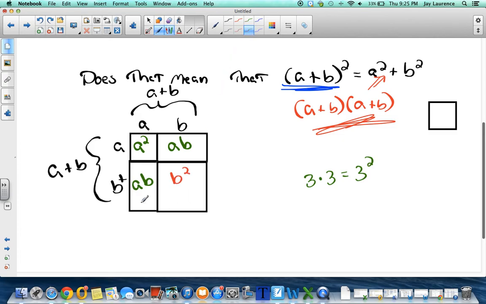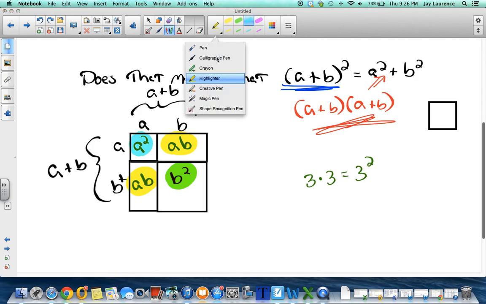If I add up the areas, remember, only combining like terms. You know what? Let me get my highlighter out. I'm going to highlight like terms. Let's see, I've got an ab and an ab. Now I've got a b squared there, and over here I have an a squared. So I'm going to combine the like terms.